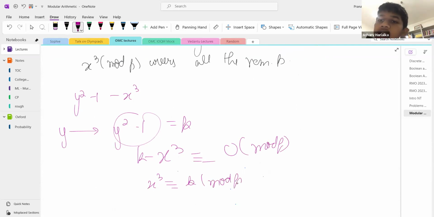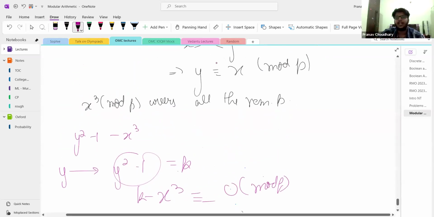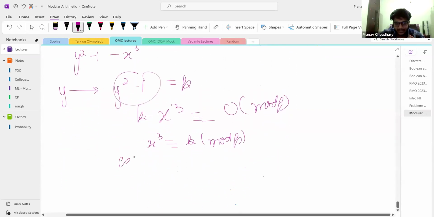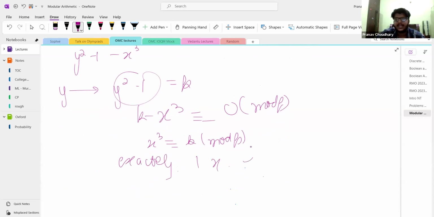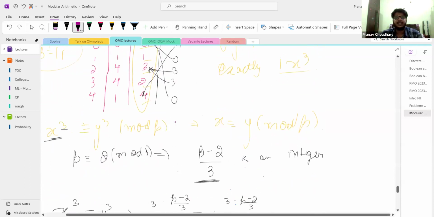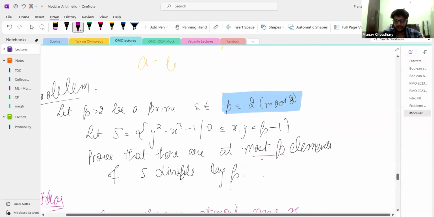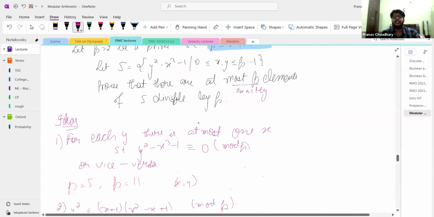We already know that there's exactly one such x using the above thing. So for each y, we get exactly one x. And there are p possibilities of y. So we get at most p solutions. In fact, we get exactly p solutions. The statement is bigger, we can change it to exactly p as well. Okay, that was the proof of the question.